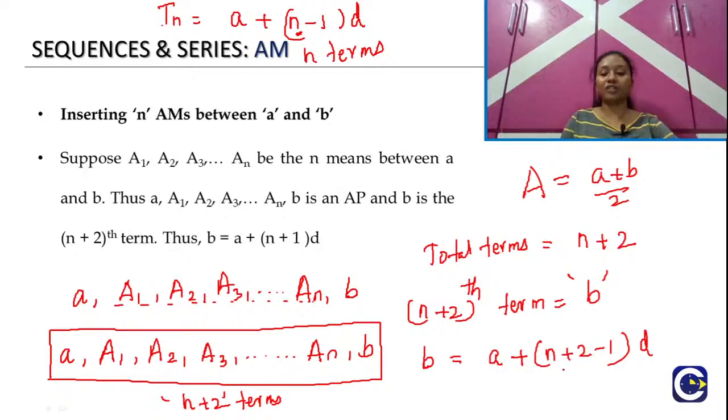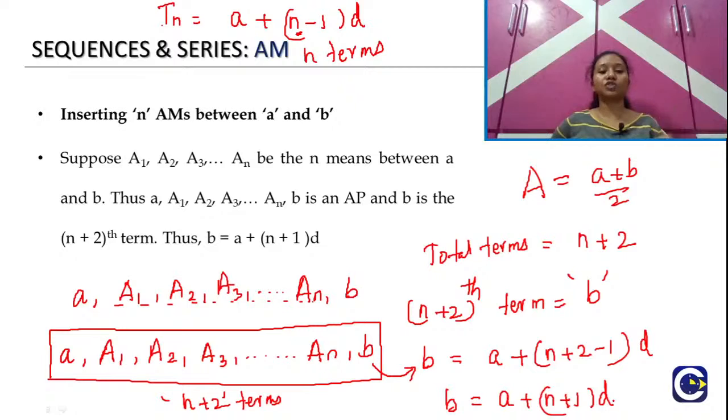The last term in this progression is b. So b will be equal to a plus (n plus 2 minus 1) into d. Then b will be equal to a plus (n plus 1) into d.